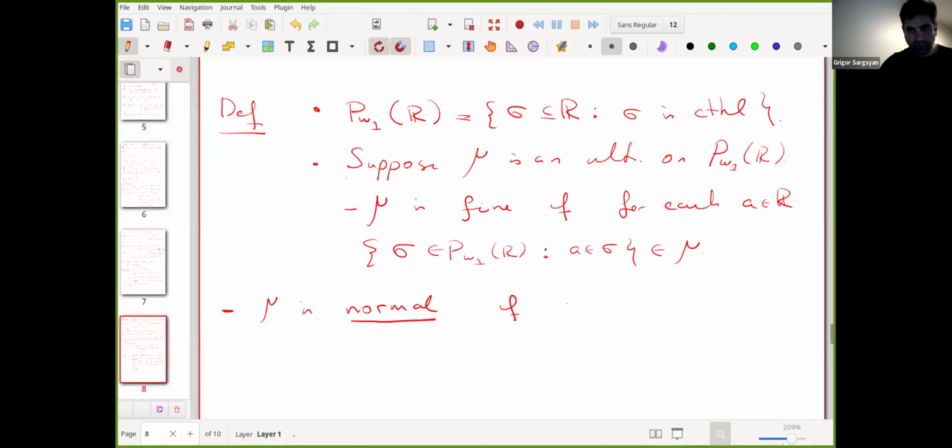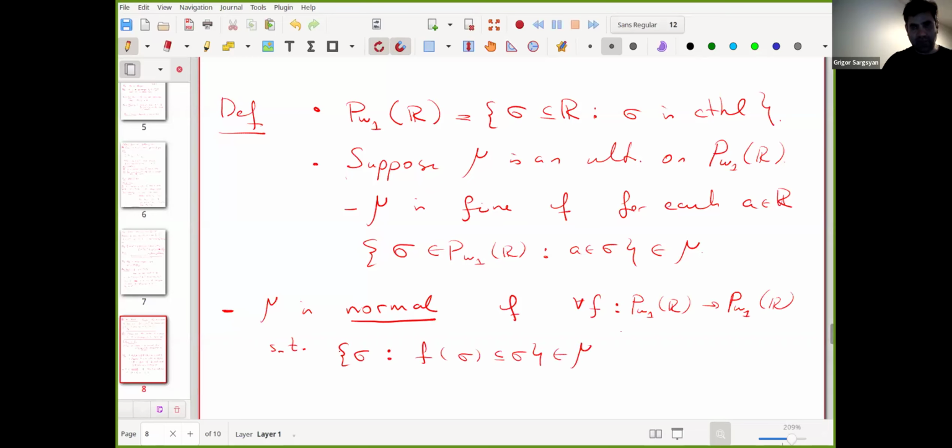So normality: mu is normal if for all f, a function from P_{ω1}(R) to P_{ω1}(R), such that the set of sigma with the property that f(sigma) is a subset of sigma has measure 1, right?